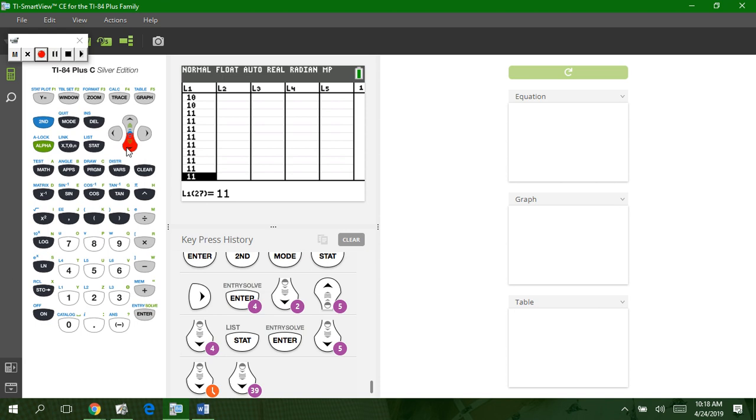So if it's 27.6, here's 27, here's 28. This one's pretty easy because the number at 27 and 28 is an 11. So 11 would be the 92nd percentile.